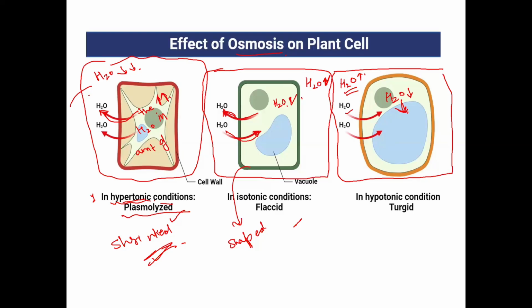So water molecules move from high to low region. This will lead to turgid. Turgid means the cell is swollen, right? Movement of the water molecules from external to internal.